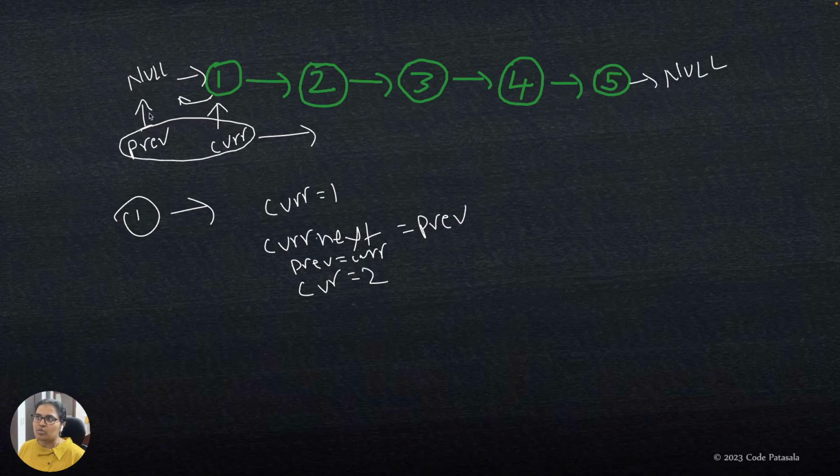Current.next will move to previous. In the first iteration it is like this. In the next iteration, this current will become previous, and this will be your new current. In the next iteration, this will become previous, and this will become your new current. So while you are moving, in the process you are changing the direction of the pointers as well.